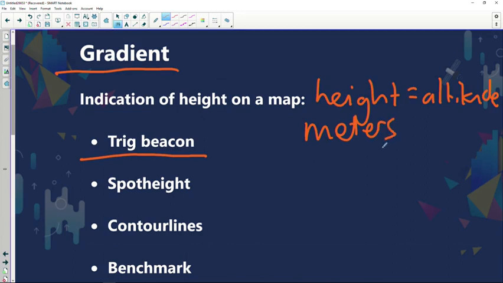For instance, let's say we go and climb Kilimanjaro. We don't say the summit of Kilimanjaro is 5.5 kilometers high in altitude. We refer to meters, 5,500, because the unit of kilometers is just too big to use. So we always express altitude in meters.